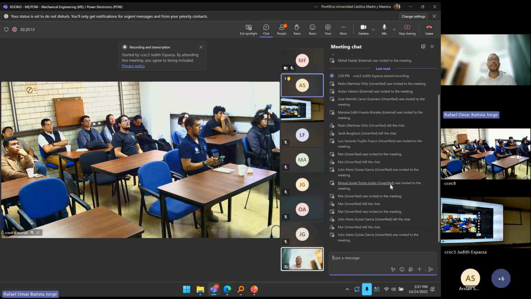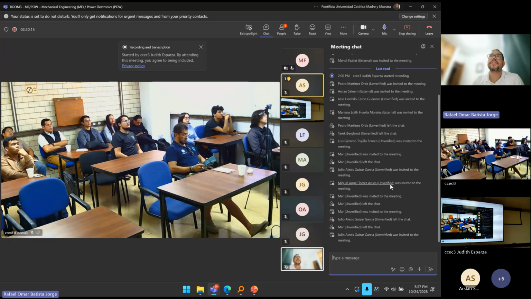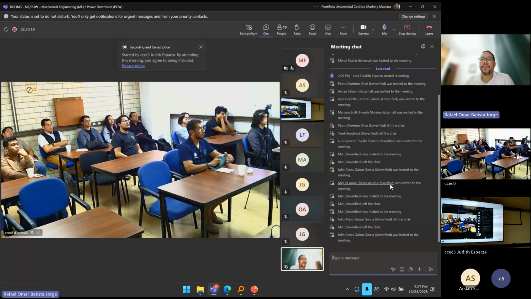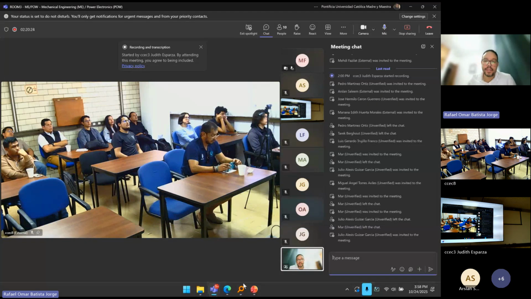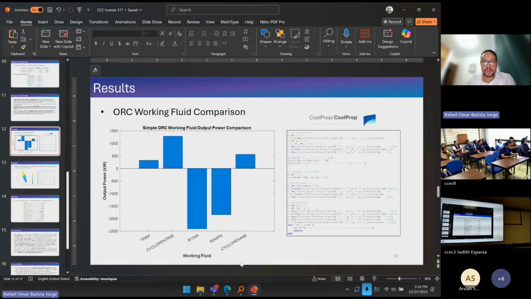Okay. Initially, what we did was an initial exploration of typical working fluids that we find here in the Dominican Republic. That was our first approach. So that's why we chose R134 and R245. Right now, we are thinking of using R600, which is also really utilized in our local industry.